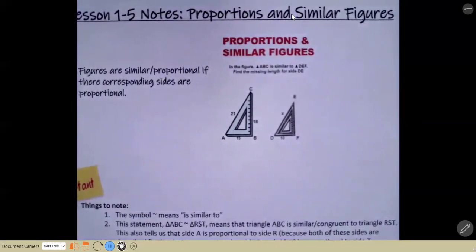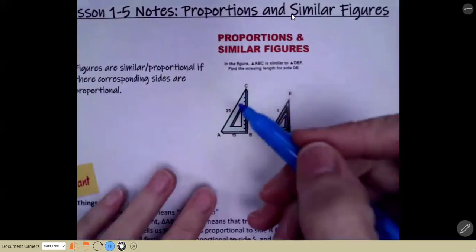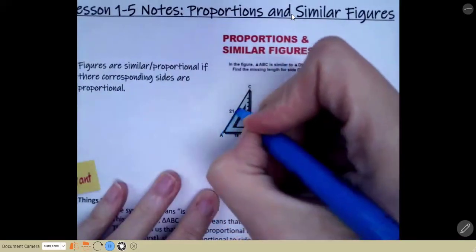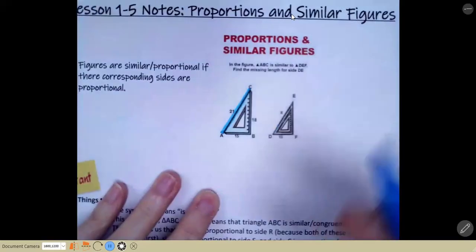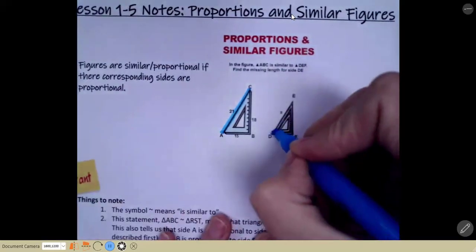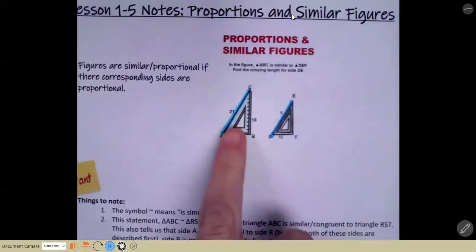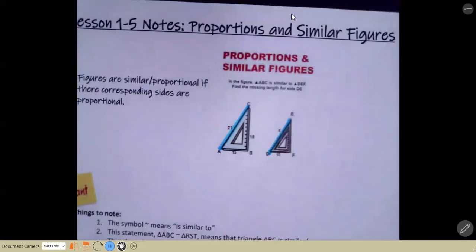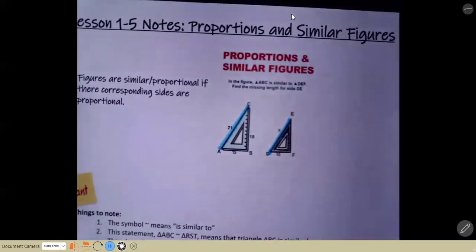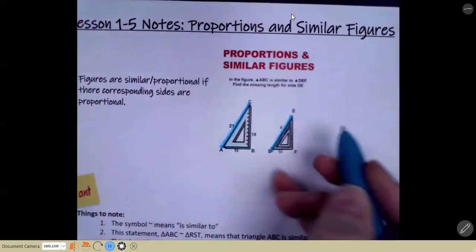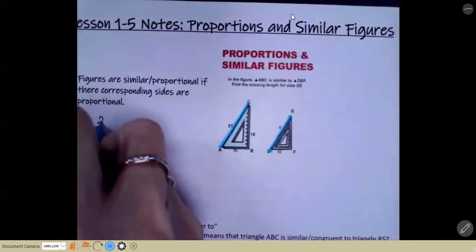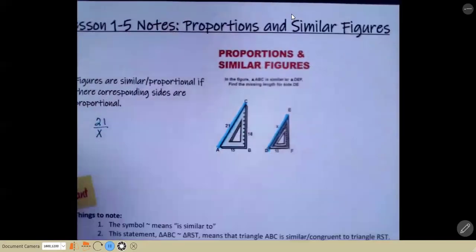So I'm going to do something up here that might help us work this out. So AC on this triangle is equivalent to DE on this triangle. So if I were to set up a fraction here, I could set up 21 over X. Okay?